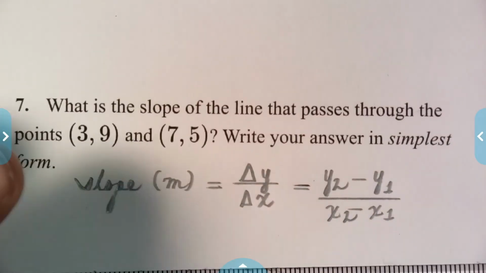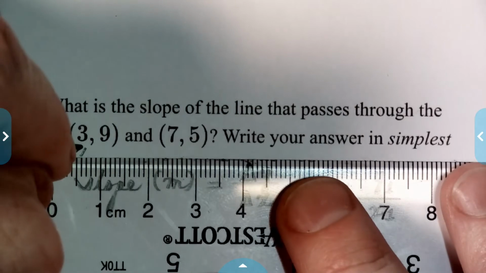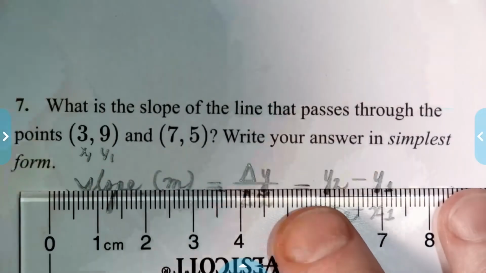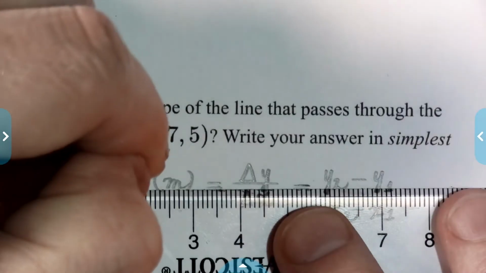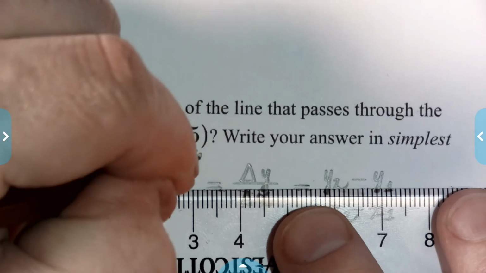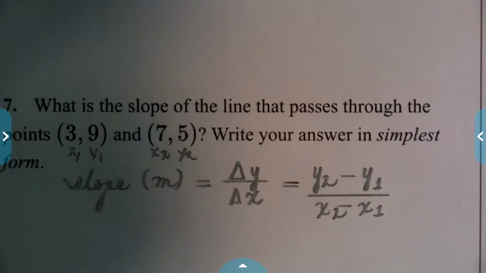Okay, so now we've got to label our points. So this is x1, y1, x2, y2. And now we can just plug the numbers in.